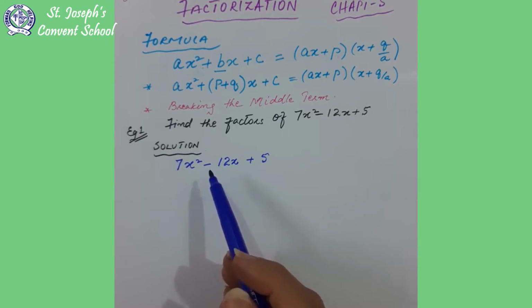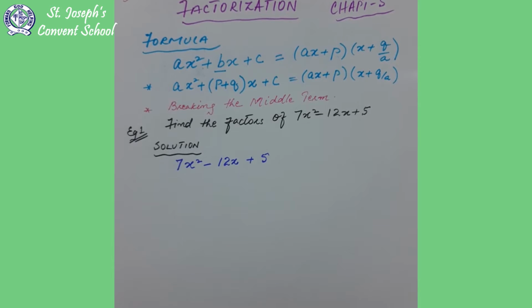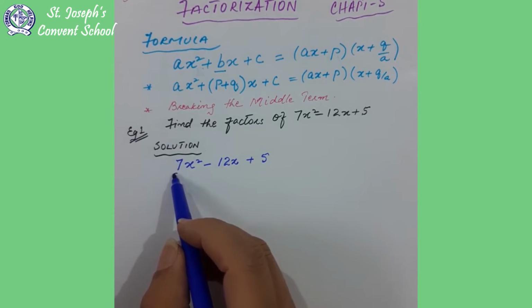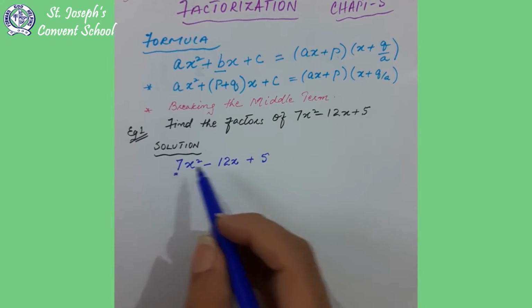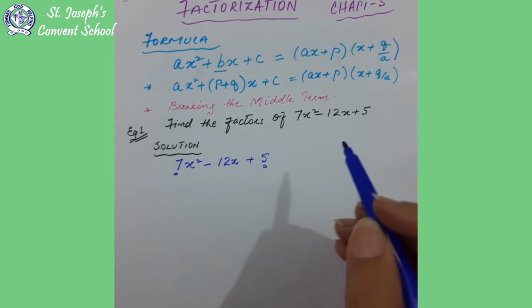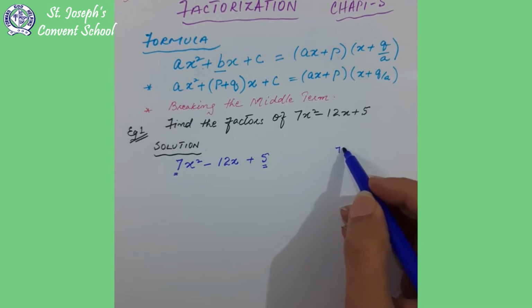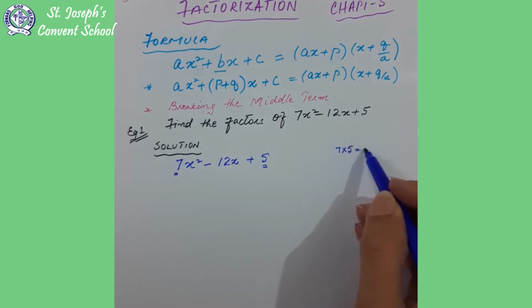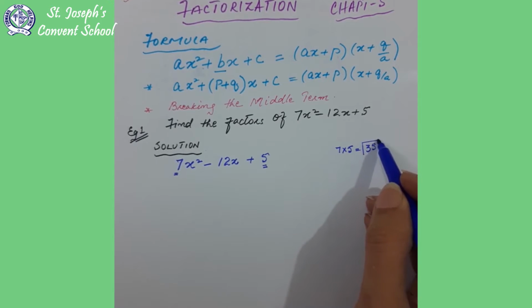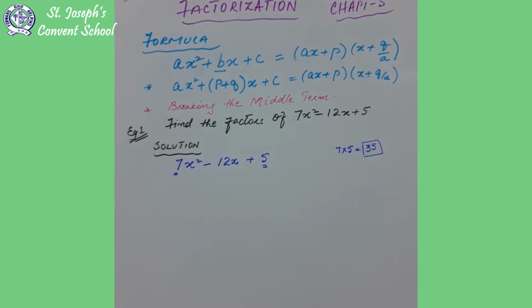So there's a way of finding the factors. Now in this question what we do, we multiply this first number, this coefficient, with the constant number. Always multiply. 7 into 5 is 35. Now we make factors of 35. Factors means you have to find in which table it goes. First step is to multiply first and last term.